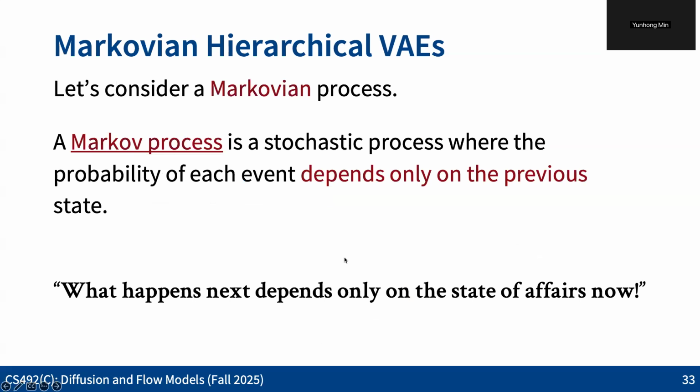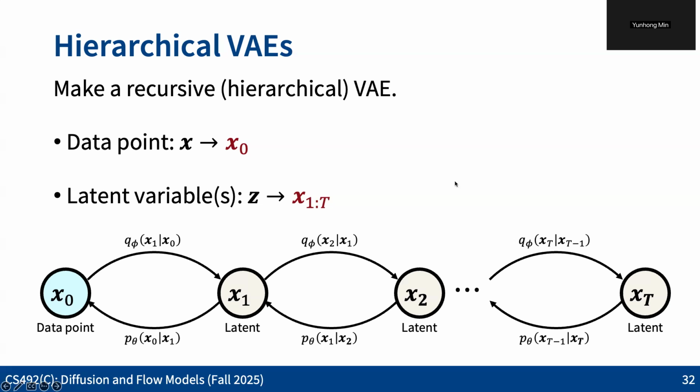The meaning of the Markovian process is about the sampling process: when we sample any of the intermediate latent variables, x2 for example, the sampling of x2 will depend only on x1, only the previous one. It will not depend on any of the earlier ones, like x0. It only depends on the one right before the step. That's the assumption of the Markovian process.